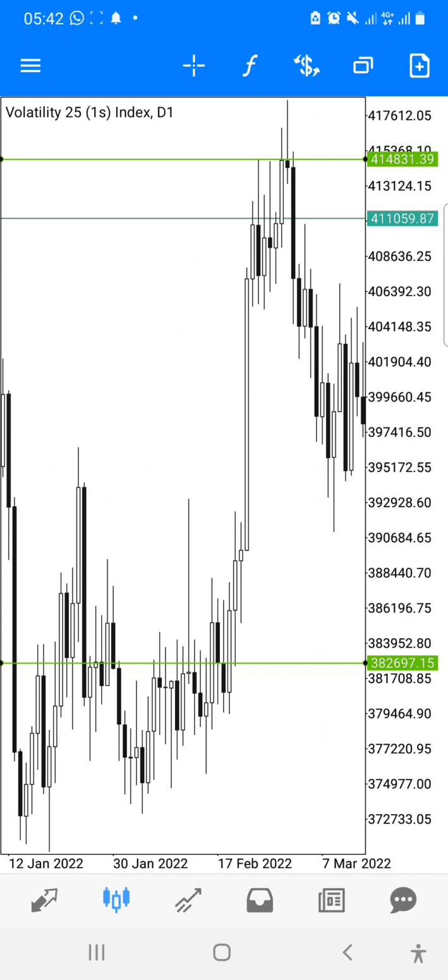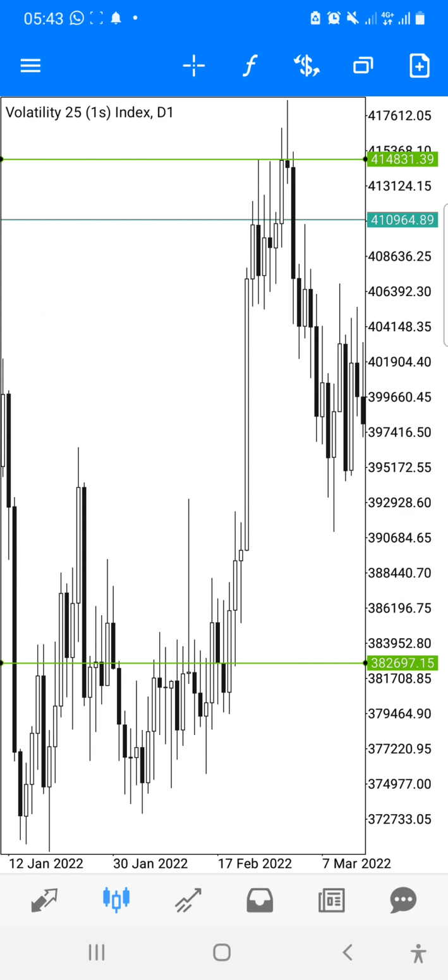Of course, you're going to refine your entries. If you are online to refine your entries, where you use confirmation entries, your stop loss will not be more than maybe 50 pips or so. You get, it may not even be more than 100 pips.